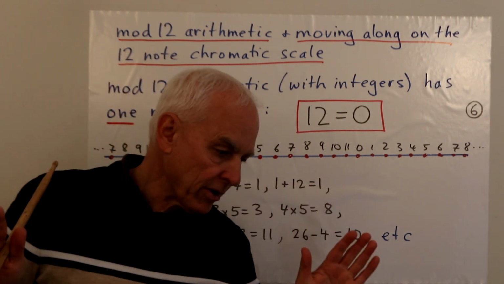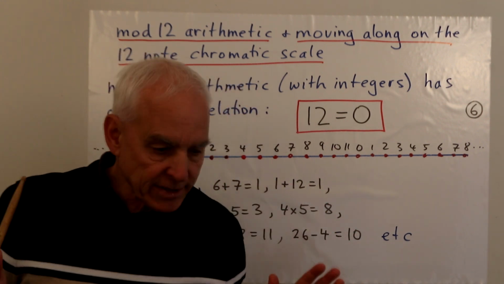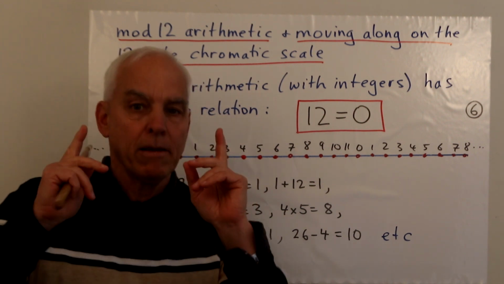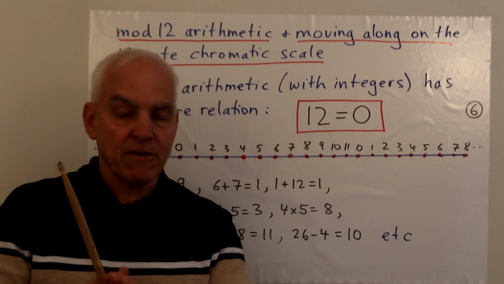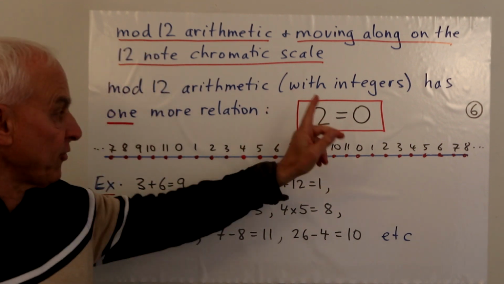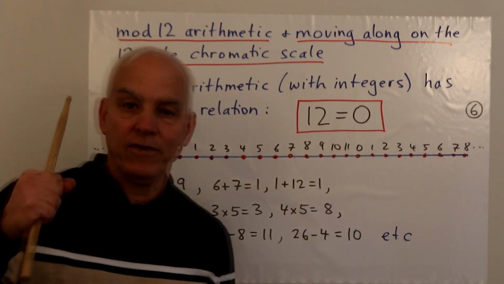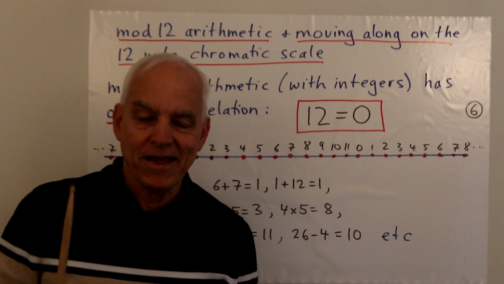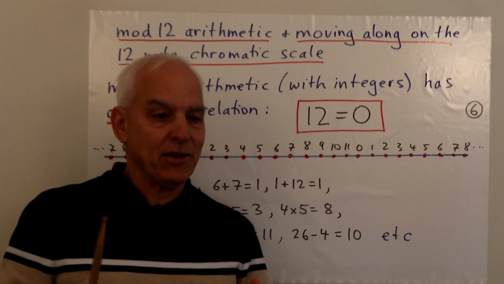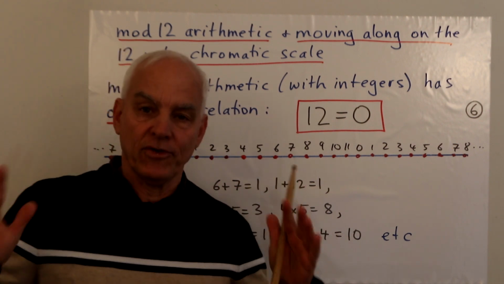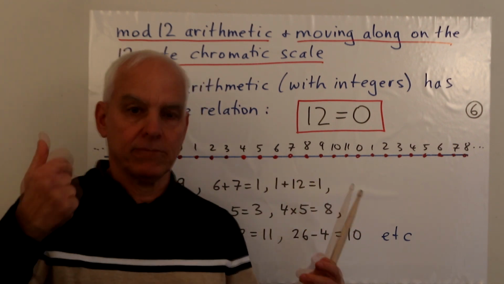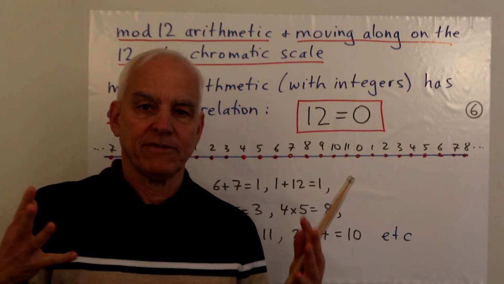All the rules are otherwise the same, the operations are exactly the same, but there's only one more rule that gives you mod 12 arithmetic from ordinary arithmetic. And that rule is that 12 equals 0. Now, I know in the regular world 12 does not equal 0, but let's agree that 12 equals 0. Whenever you have 12 of something, they're gone, vanished: 0.